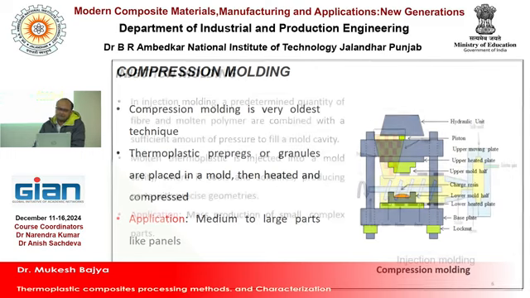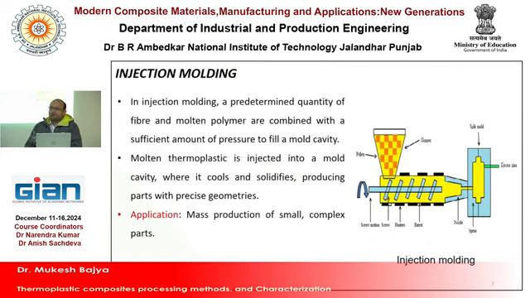Then injection molding. I am giving a very basic example: toys. The components of toys can be manufactured from injection molding. In that case, we need to feed the pellets of the polymers into the extruder, and the purpose of the extruder is to melt the polymers.